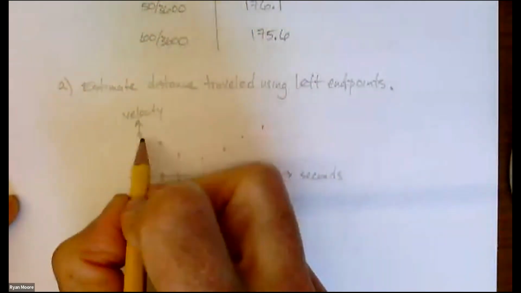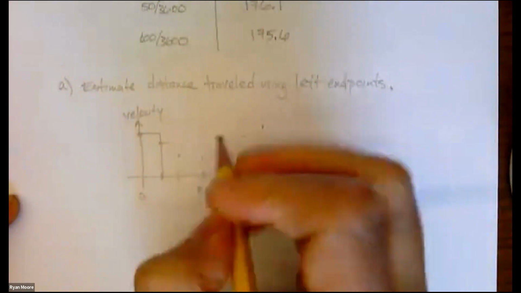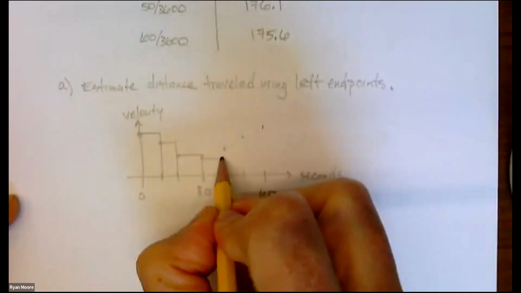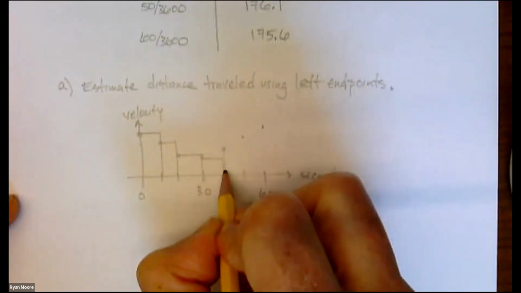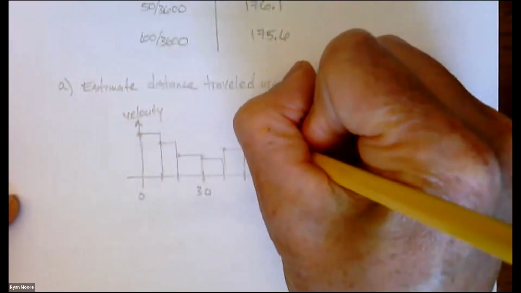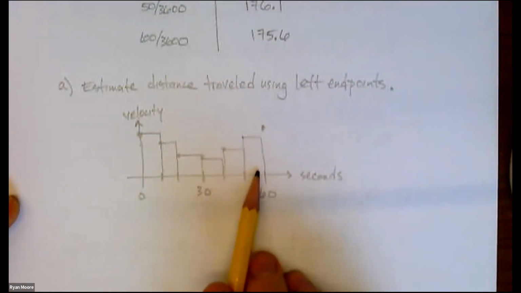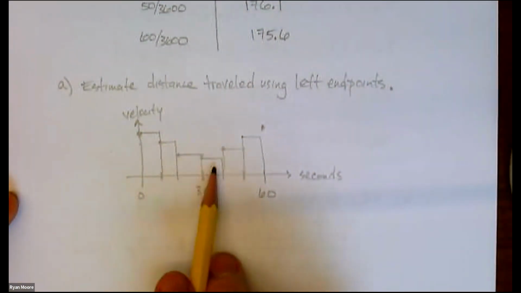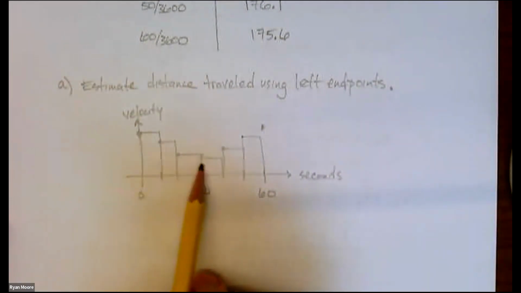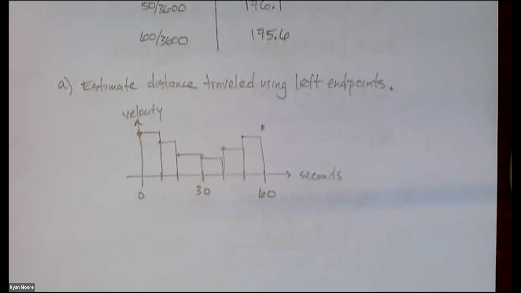My mistake. The left endpoint would go up to where the 0 is and come back down. And then this last point wouldn't be used since we already have that last region: 1, 2, 3, 4, 5, 6.